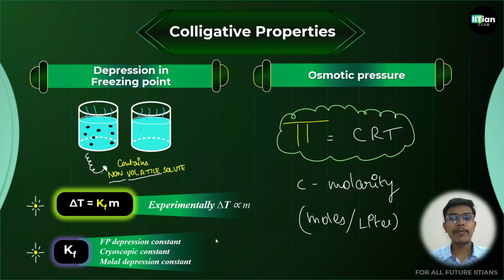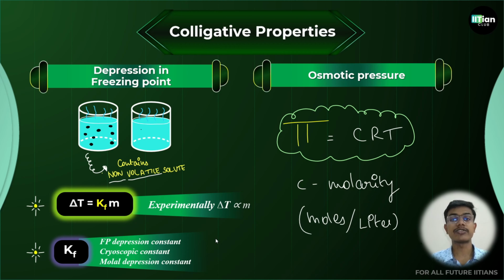The next colligative property is depression in freezing point. In this also, we'll be having a non-volatile solute which does not get vaporized, and the vapor pressure will be reduced. In this case, freezing occurs when the vapor pressure of the solution is equal to the vapor pressure of the solid. Vapor pressure of the solid is lesser than the vapor pressure of the solution.